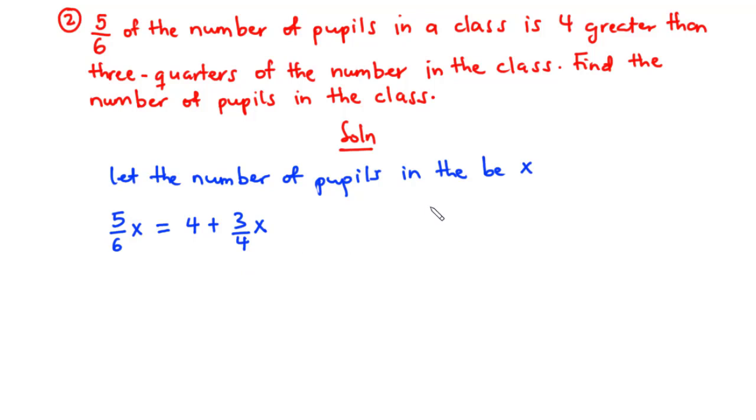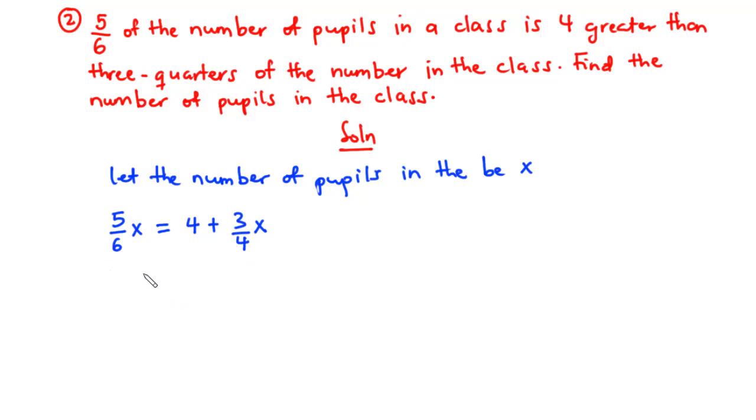Now we can solve for x and then find the number of pupils in the class. We have two fractions. We have 3/4x and then 5/6x. Now we can do away with the fraction by multiplying each term of the linear equation by the LCM between 6 and 4. So the LCM between 6 and 4 is 24.